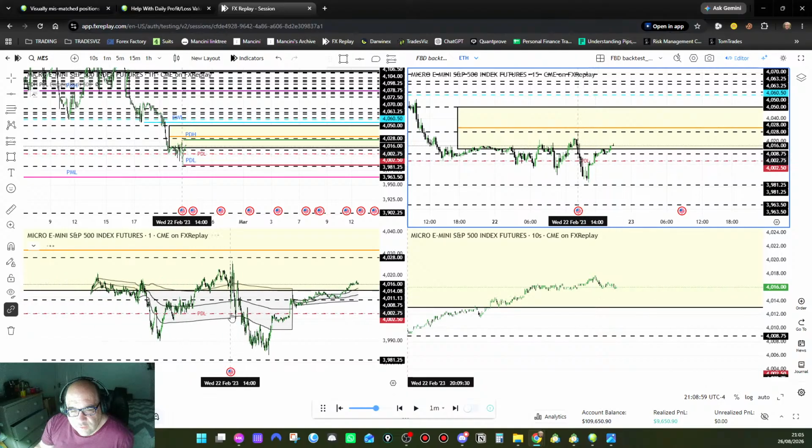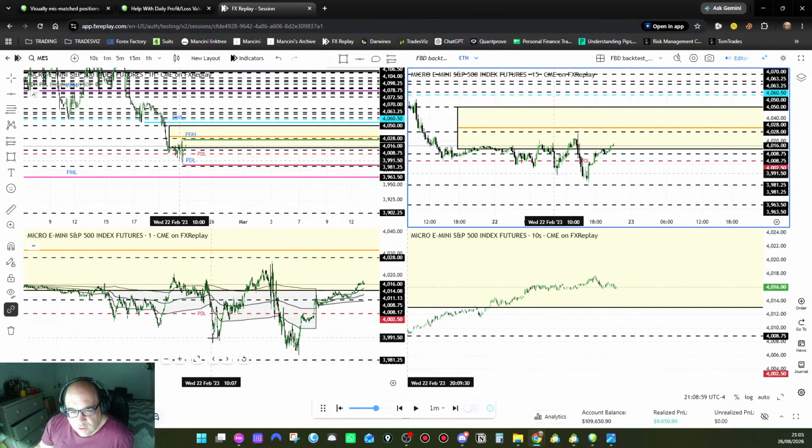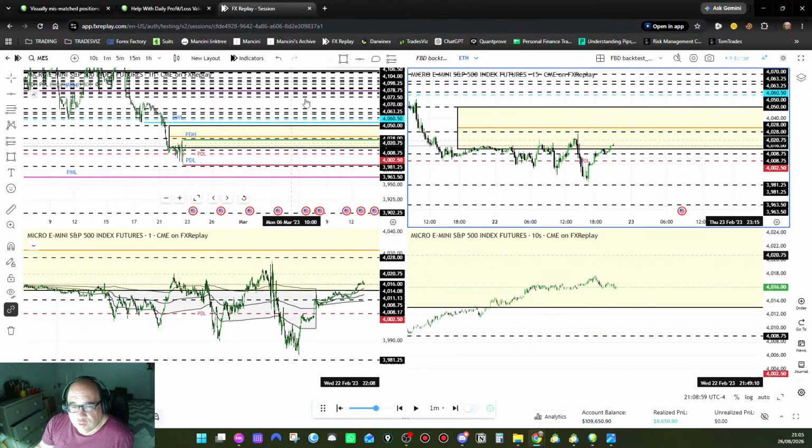You see another recovery at the previous day low. 1, 2, 3. You can see here the double dips.